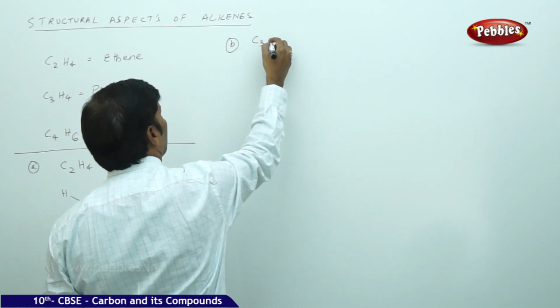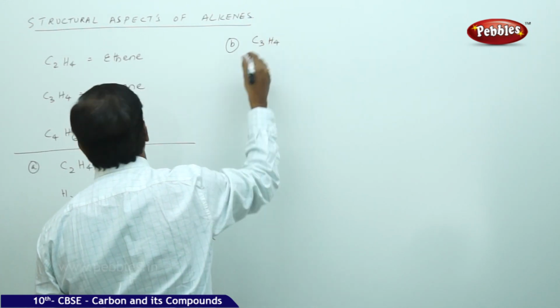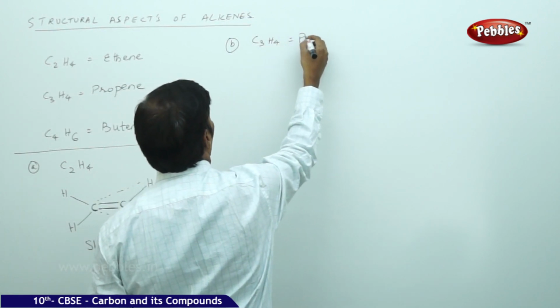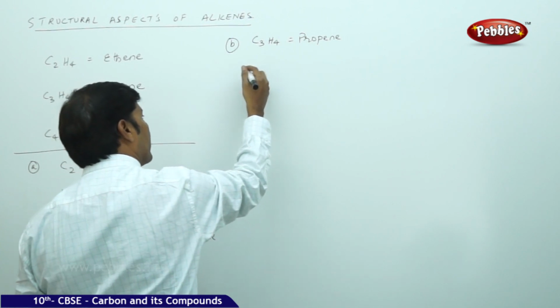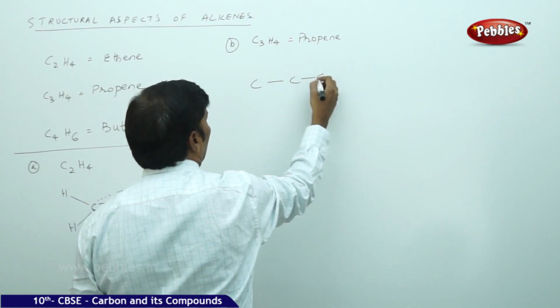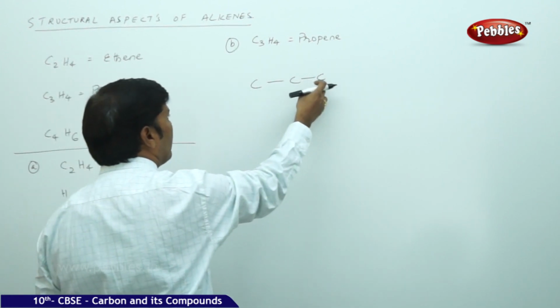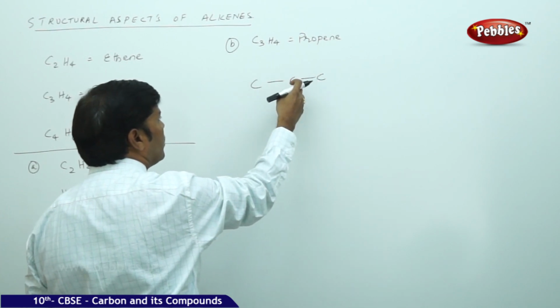If you go for C3H4, this is propene. If you take propene, you can take 3 carbons, that is 1, 2 and 3. You can create a double bond anywhere, either between these 2 carbons or between these 2 carbons.